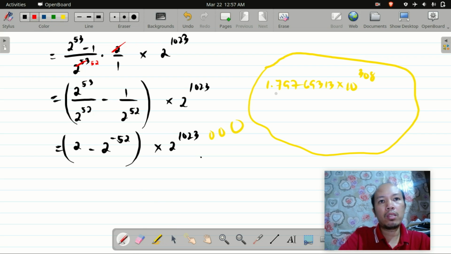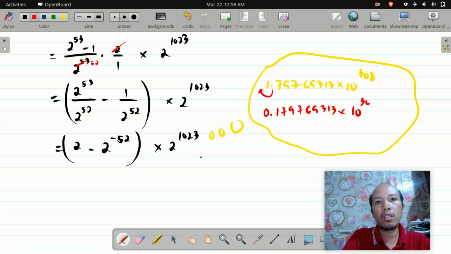This one here, we have 0.179769313 times 10 to the 307. Since you move to the right and then truncate it, you can get 0.18 approximately, 10 to the 307.